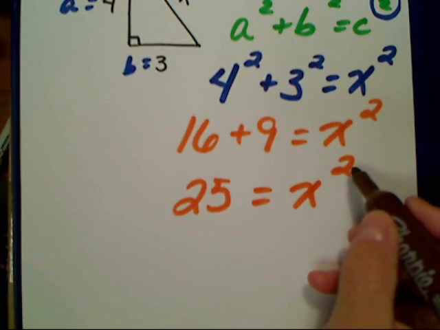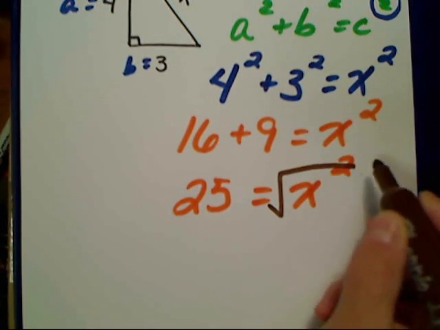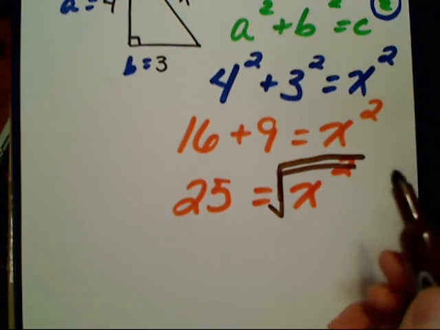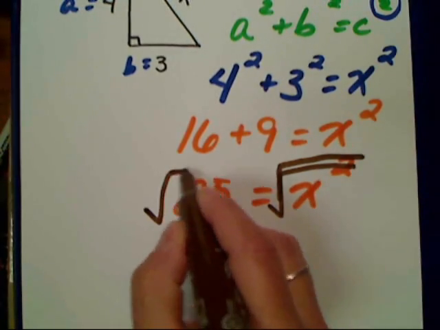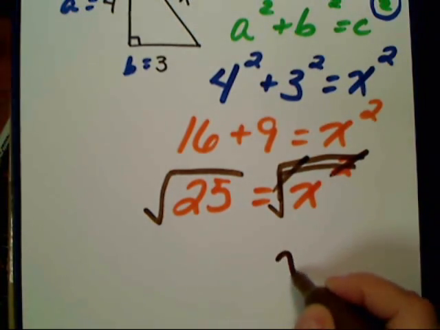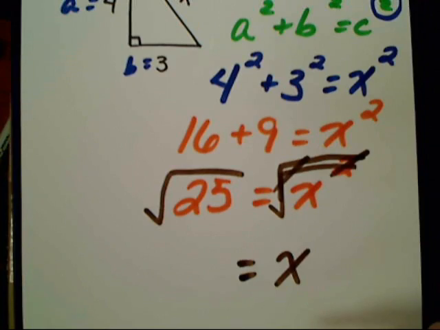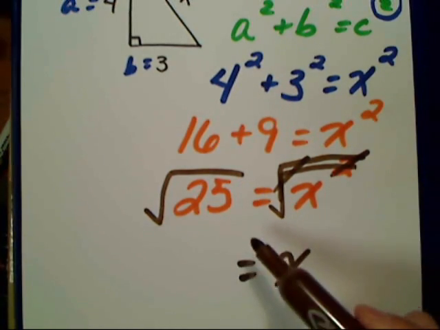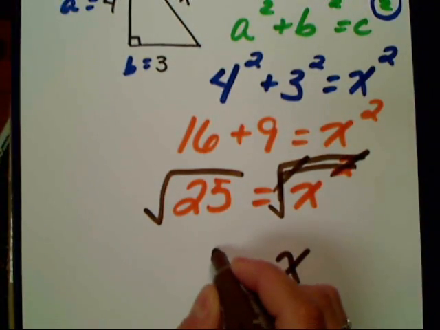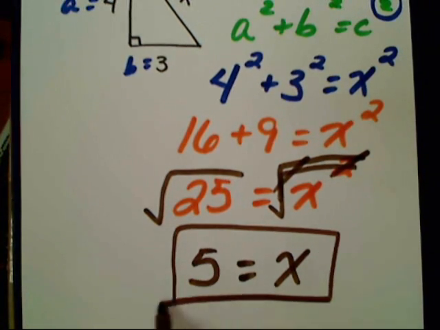Well, to cancel out a square, we square root. Whoopsie. If I square root one side, I have to square root the other side. So the square and the square root cancel on this side, leaving me with just my base number of x. And on the other side, we say, well, what number times itself is 25? And we get 5. So my answer is x equals 5.